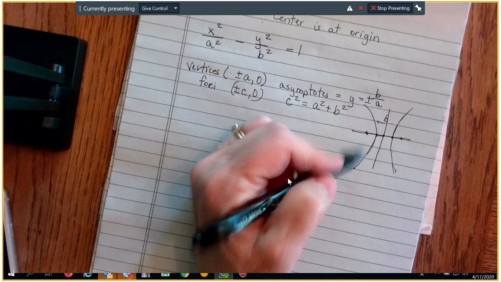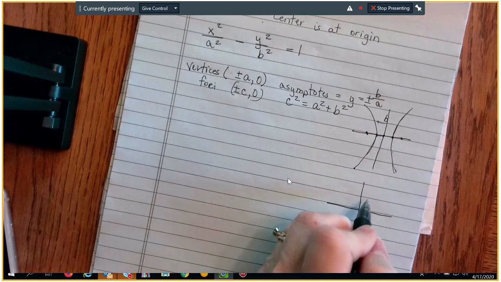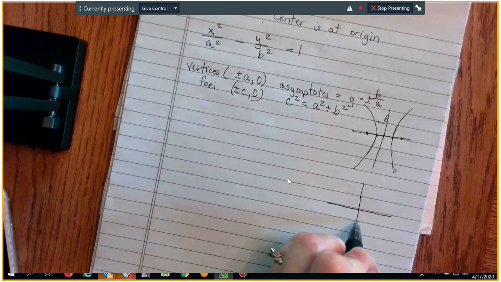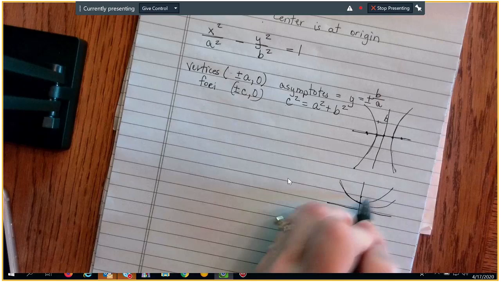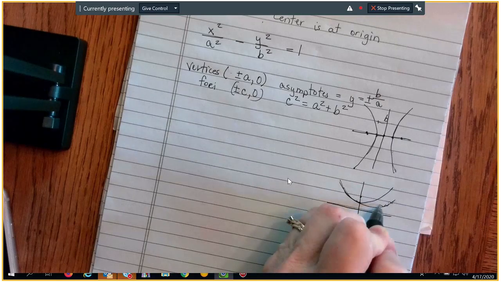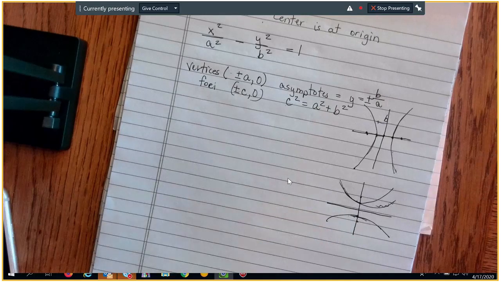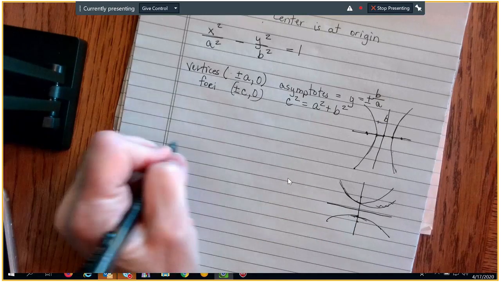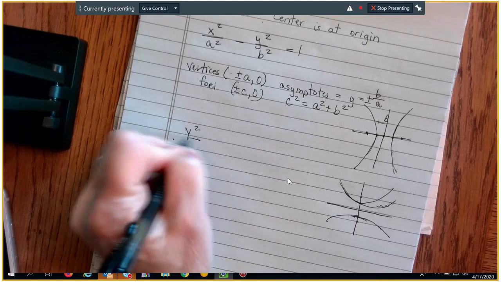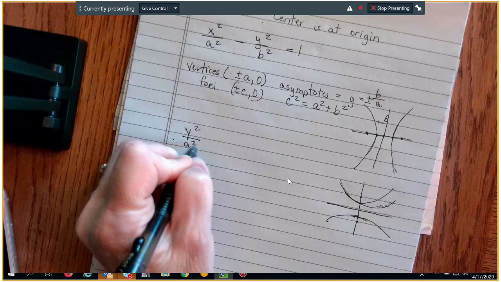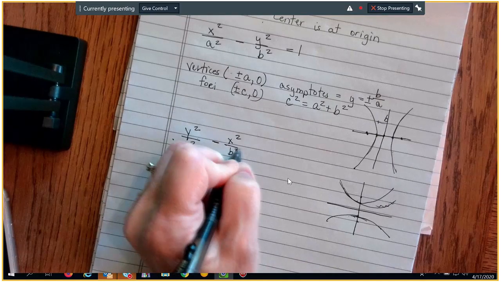So when we're looking at the other way of drawing a hyperbola, with the foci and the vertices, we're going to be doing this form. Then our formula is going to be y squared over a squared minus x squared over b squared, and that's all equal to 1.